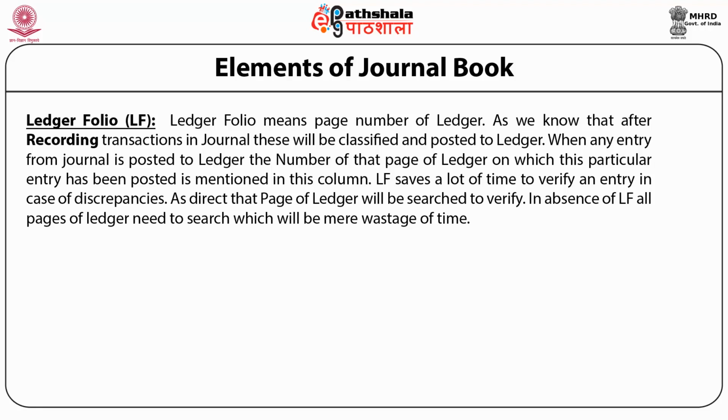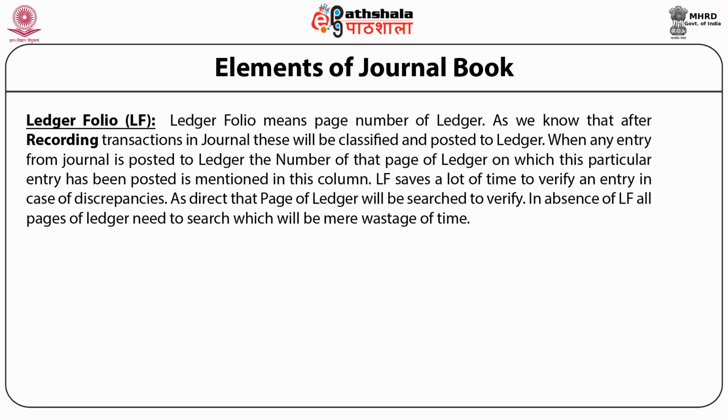Ledger folio saves a lot of time to verify an entry in case of discrepancies, as that page of the ledger can be searched directly to verify. In the absence of ledger folio, all pages of the ledger need to be searched, which will be a mere wastage of time.